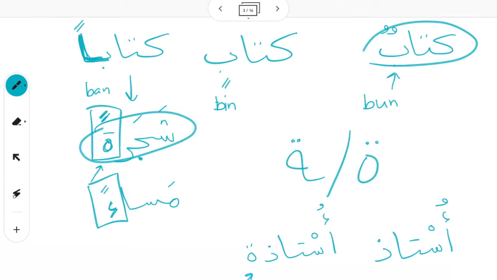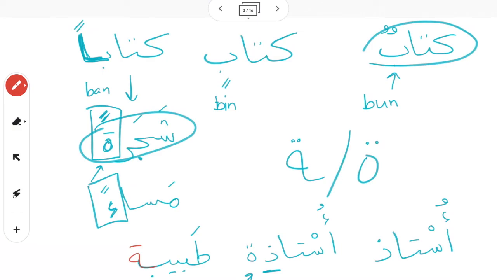And remember here, we're not connecting it because the letter dal doesn't connect to what comes after it. But you could have a word that does connect. So for instance, Habib means doctor. If I wanted to make it feminine, Habiba, I simply add a ta' marbuta to the end, and now it's feminine. Okay?